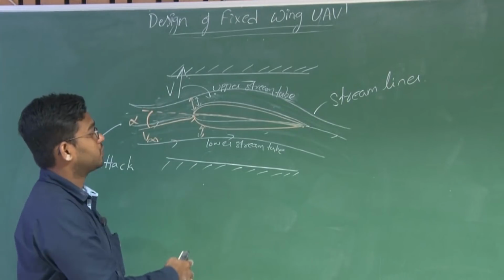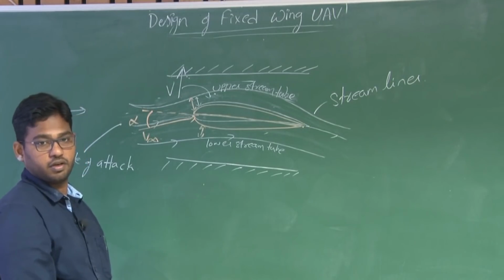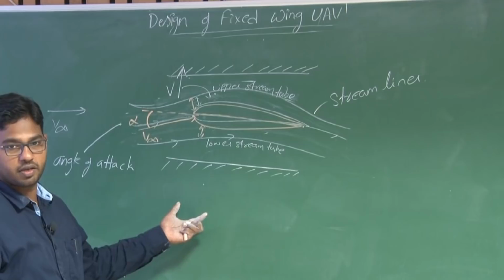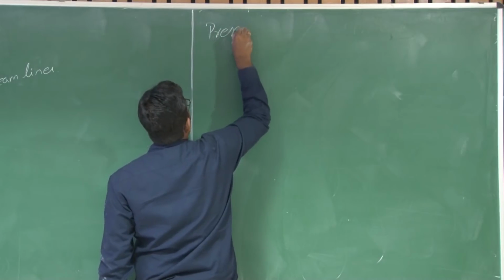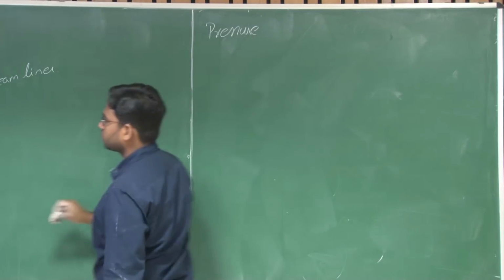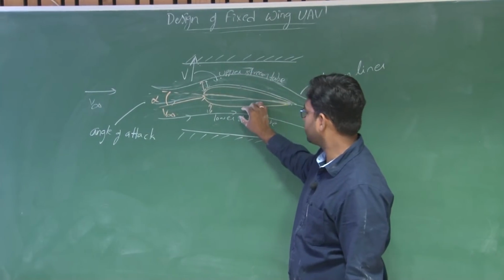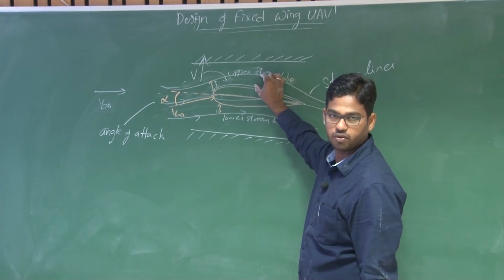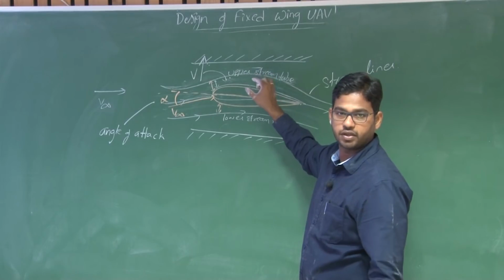Let us see how the pressure distribution will be for an aerofoil. We say there is a pressure drop, so how will this distribution look? You understood, right? There is a pressure drop here, but the drop in pressure above will be higher for a cambered aerofoil even at zero angle of attack.